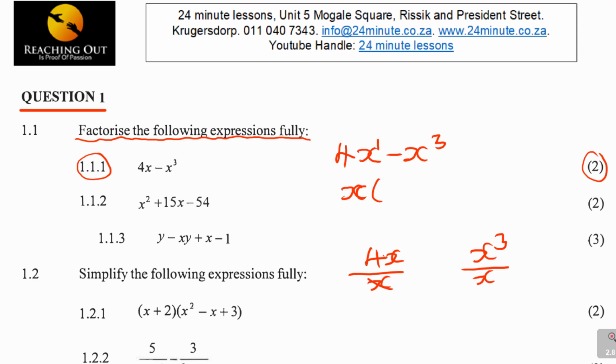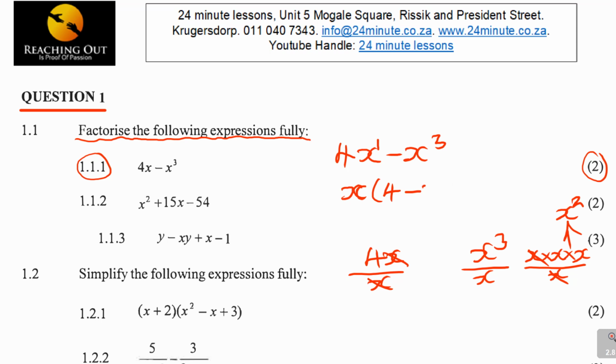So the x there will cancel, and then it will give you a 4 minus, and then on the cube, remember what cube means. Cube means x times x times x. That's what a cube means. And then you're dividing by what? You are dividing by x, so that you can cancel that, and you can see that you're left with x times x, which is x squared.